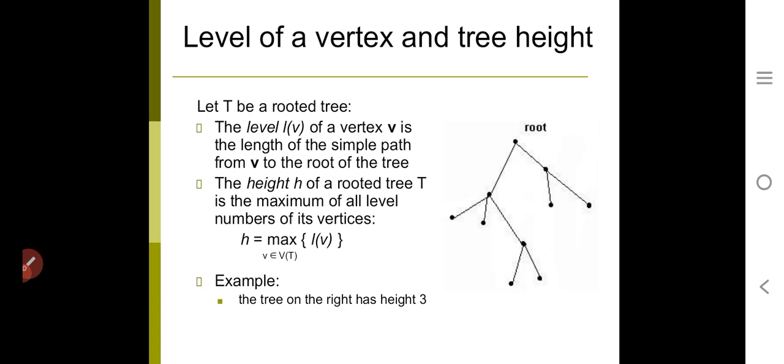For example, in that graph, it has three levels: level 1, level 2, level 3. So what is the maximum value? The maximum value is 3. So the height of the rooted tree is 3. Hence the tree on the right has height 3.